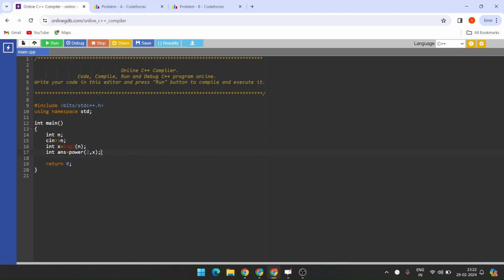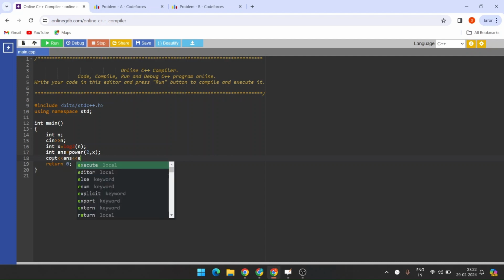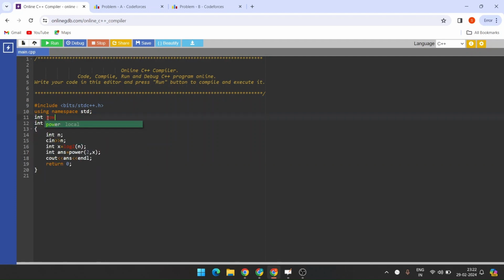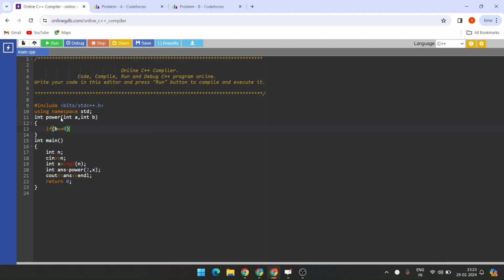And I would recommend that you use the power function of binary exponentiation. Maybe I have not tried the built-in power function, but it's recommended that you use the binary exponentiation power function. So here, if our b is equal to 0, you return 1.